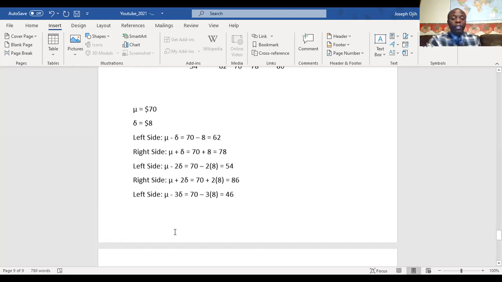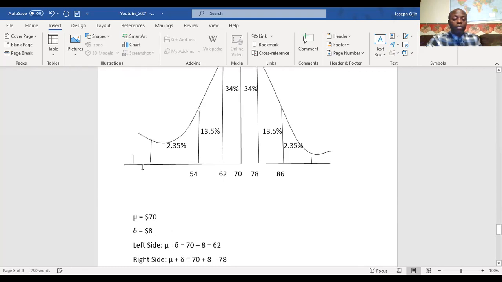So for the left side, we have 46, and for the right side, we have 94.